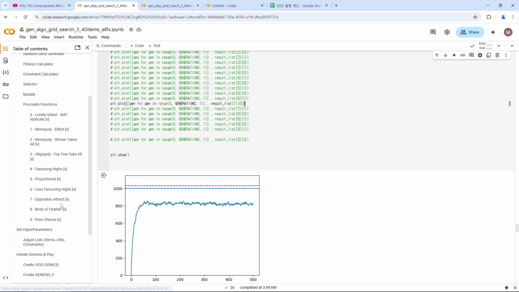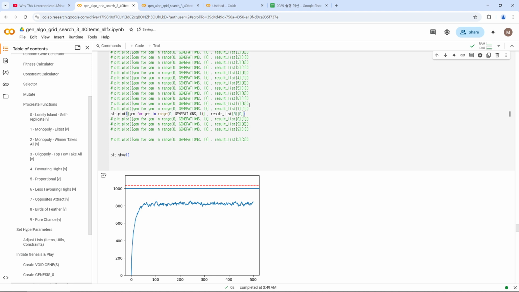The eighth one is opposites attract, no dip but not as high. Same for the second run of the function. The ninth one is birds of a feather, where similar entities get to procreate. This one's not performing.